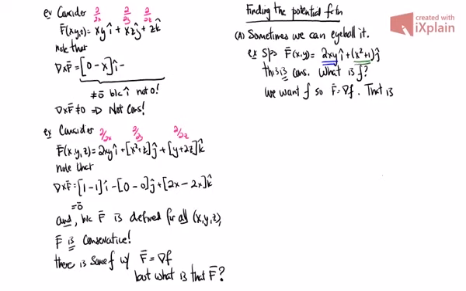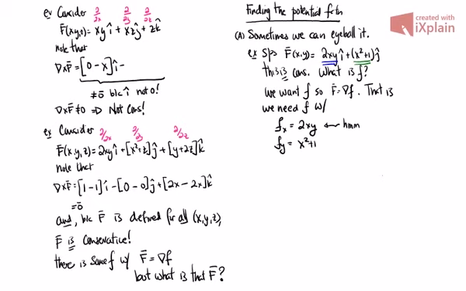So in other words, we need little f with little f sub x being 2xy and little f sub y being x squared plus 1. Now, you might look at this for a little while and sort of be able to work it out in your head.